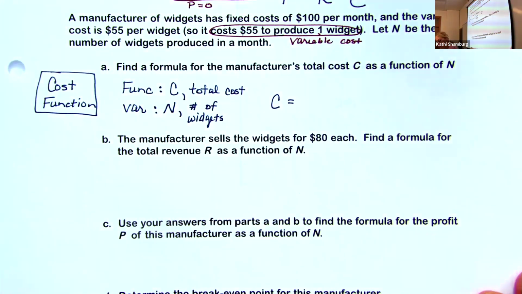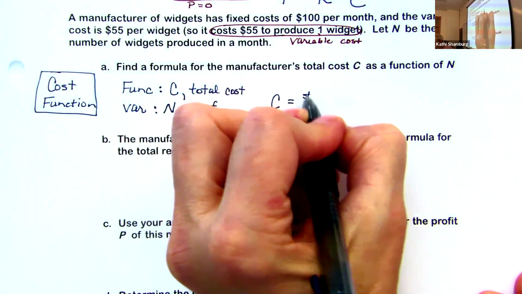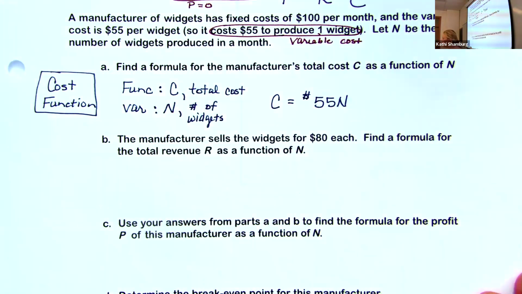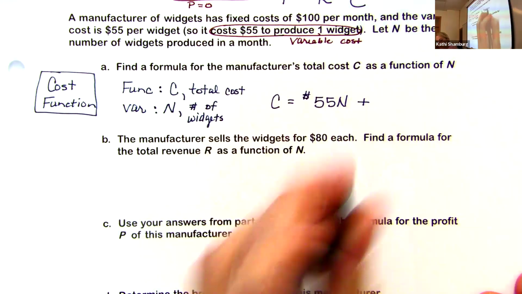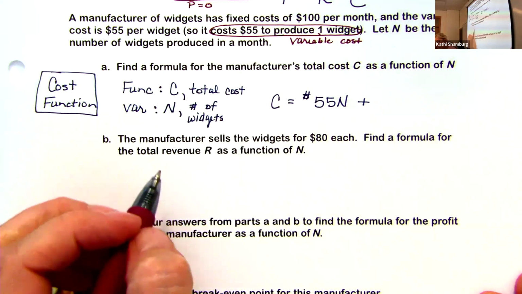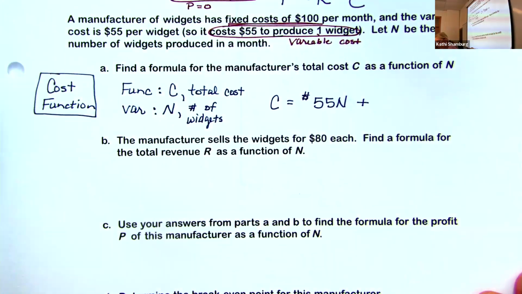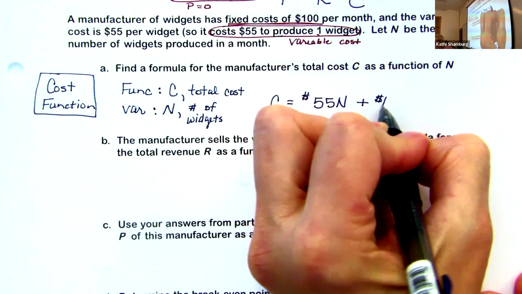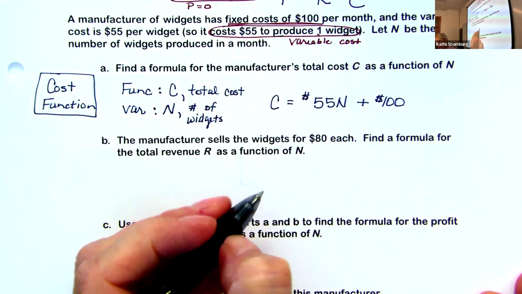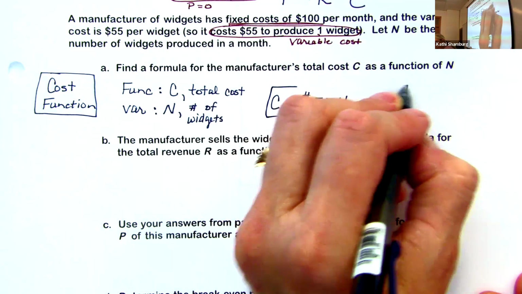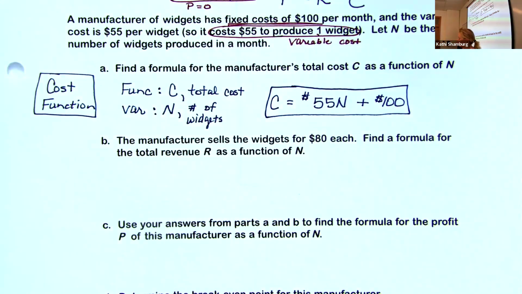And we will multiply that times the number of widgets, which we're calling N. That's your number of items. Plus, what is my fixed cost? That's your $100. So plus 100. So that's your cost function.